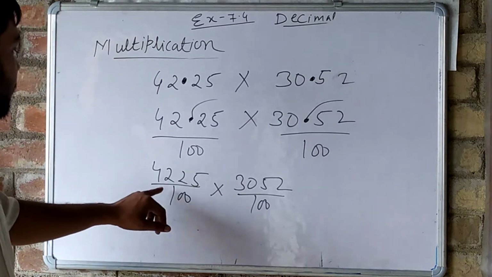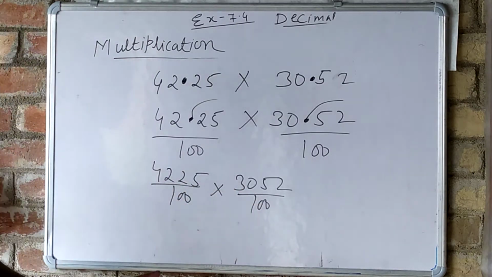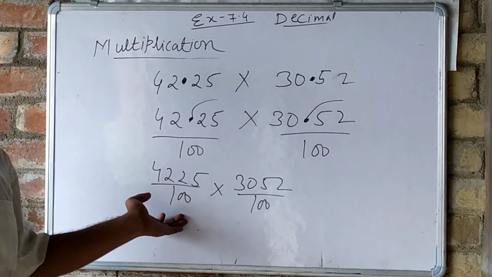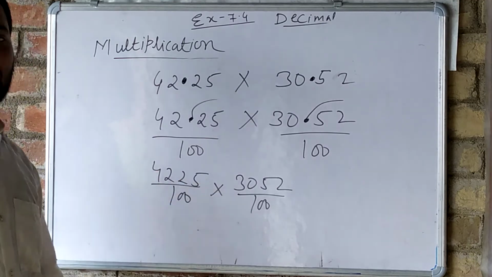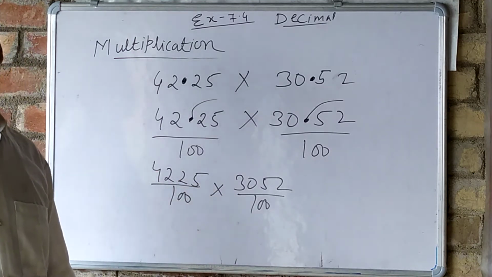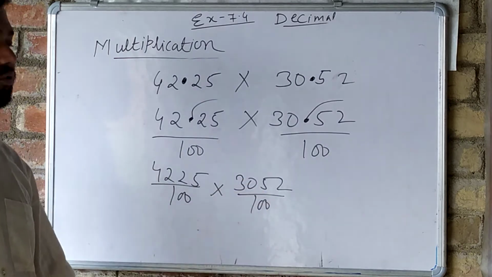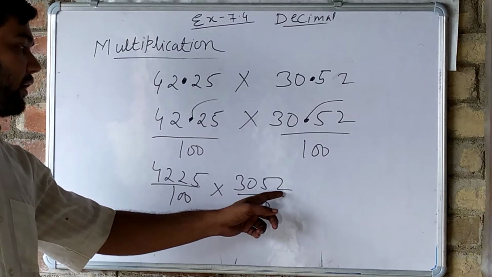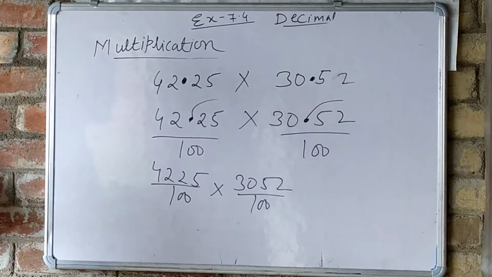So now what will we do? We know that they can be reducible, because the denominator is in terms of 10, that means 100, and the numerator has 5 at the end. By divisibility of 5, they can be reduced, and also because both are even numbers: at the last we have 2, that means an even number, and down we have 0, that means 100.